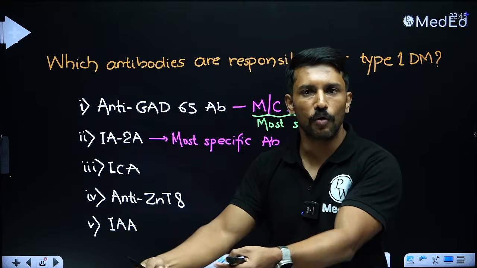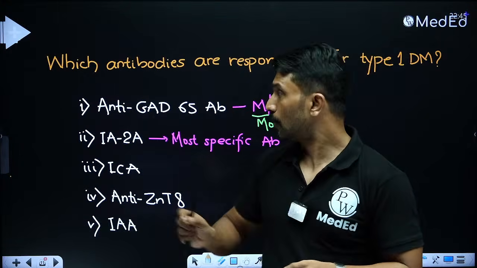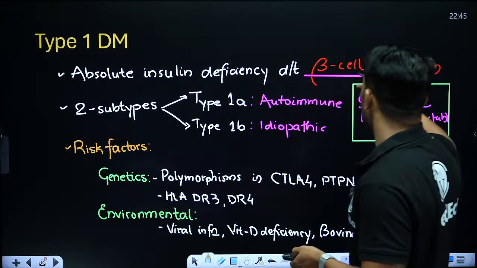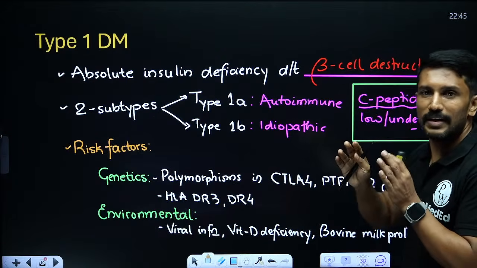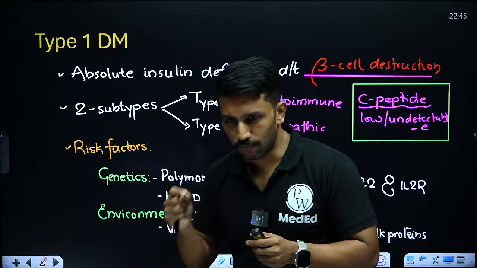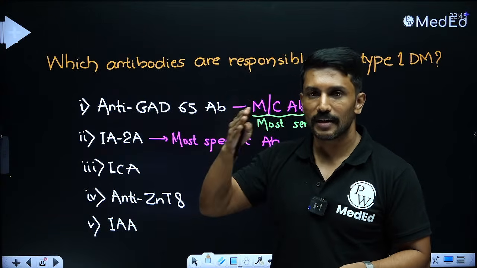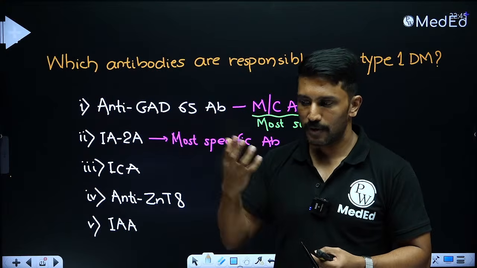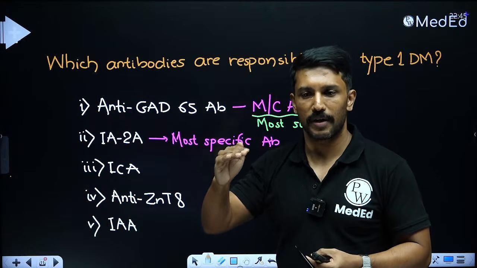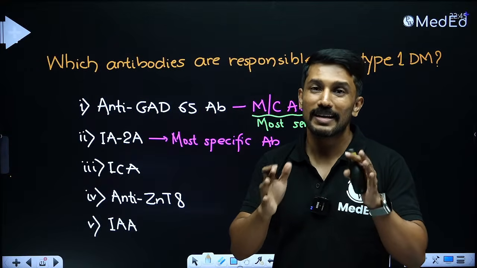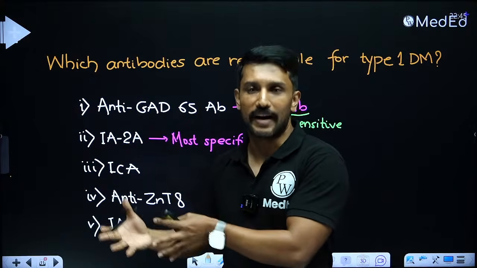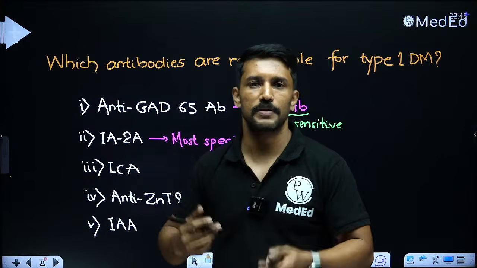So by tomorrow, will I be diabetic? No, because these antibodies are going to cause beta cell destruction, so it will take some time. The moment one beta cell is dead, I'm not going to become diabetic. As beta cell destruction happens, the ability to produce insulin starts coming down, and only when a reasonable number of beta cells are dead will I manifest with diabetes.